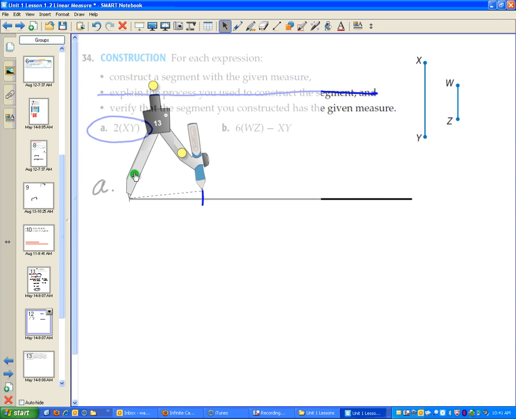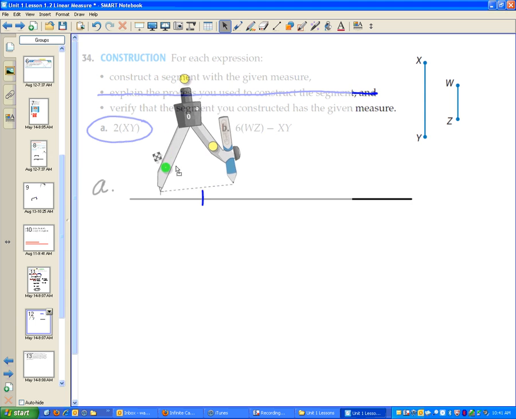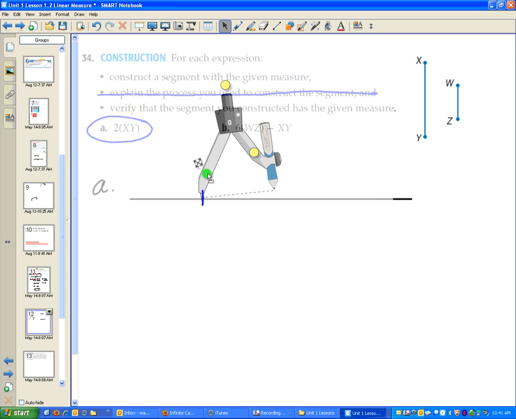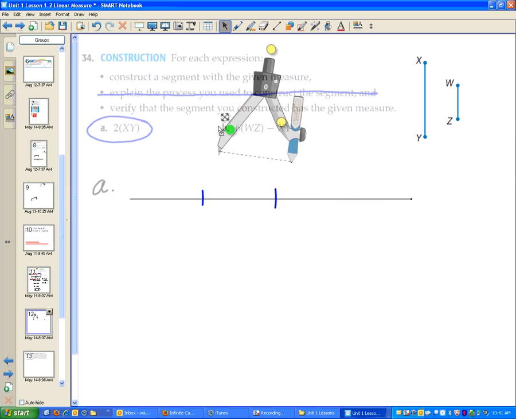Now, that's the length of one xy, isn't it? How do I make 2 times xy? Do it again. Put your point there. Make your mark. And isn't that twice as long? Isn't the distance from one end to that last mark twice as long as the distance from x to y?